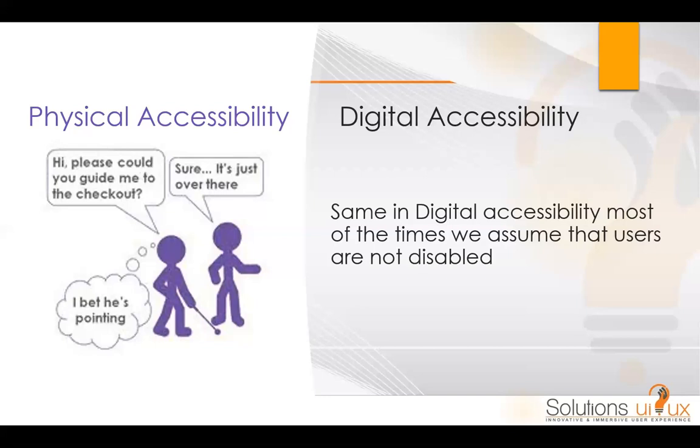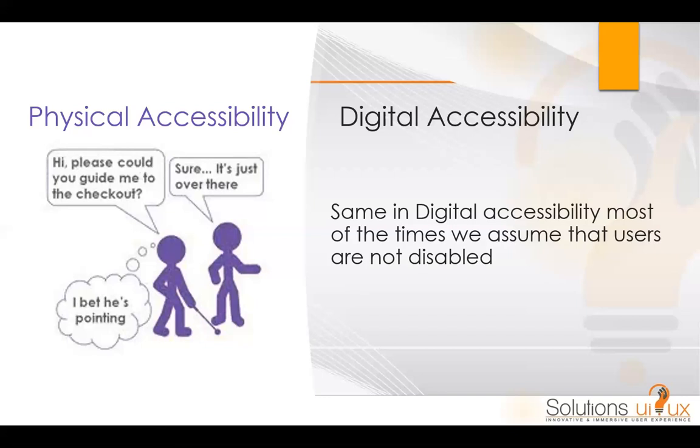They are not really giving all the tools for them to do A to Z, whatever they are here to do on the website. They are probably stuck at H or I, and then they can't complete, so they have to leave. And like that, there are multiple disabilities that if people are not able to do that, that is also lost revenue, right?